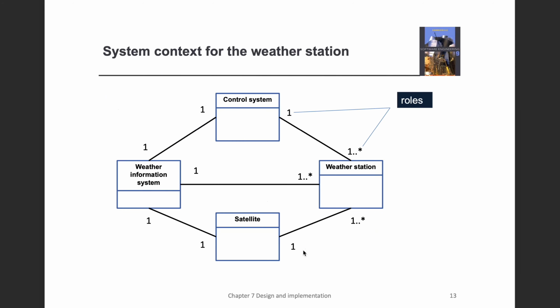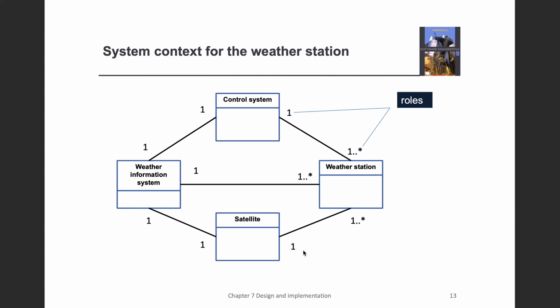And here is a context model of a weather station, where we have the control systems and weather information systems. We look at the weather station and then the satellite. The weather station is actually the hardware environment that is collecting all the information from the weather and the instruments, and this information is needed by the weather information system.